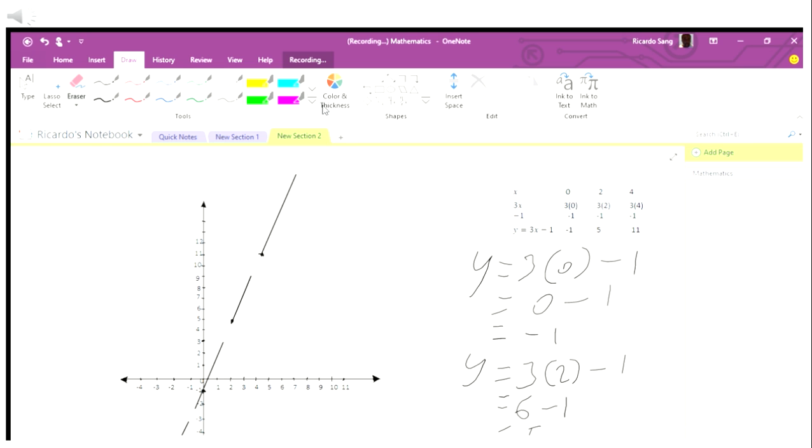So this should be the line y equals 3x minus 1. That is the line y equals 3x minus 1. Write it so you can see it properly.